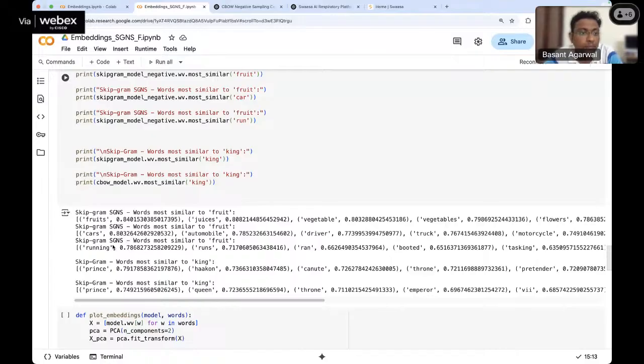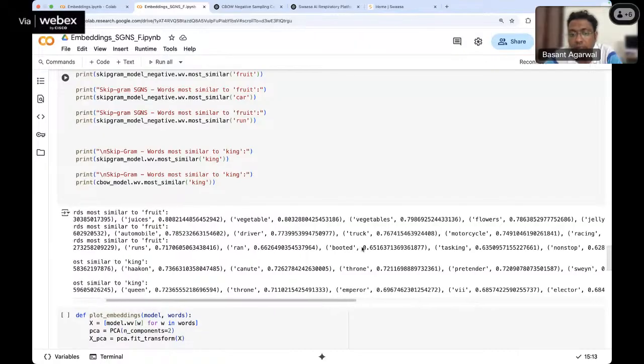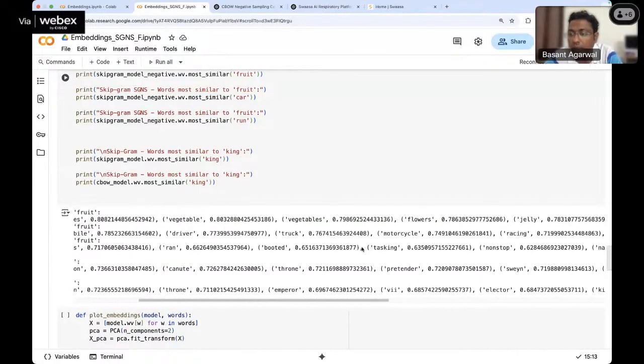Then, sorry, I could not change the title which is printed, but here the third input word is run, which gives the most similar words as running, runs, ran. So three words are quite close. And then booted, tasking, and a lot.